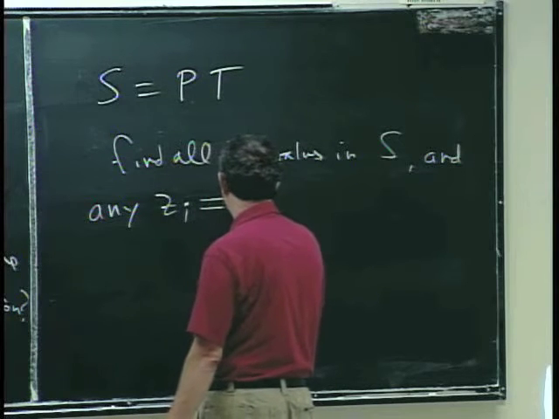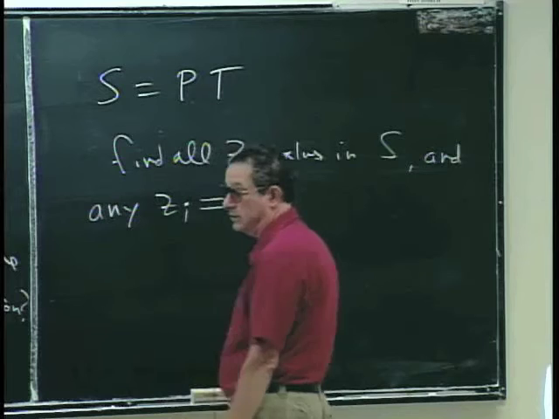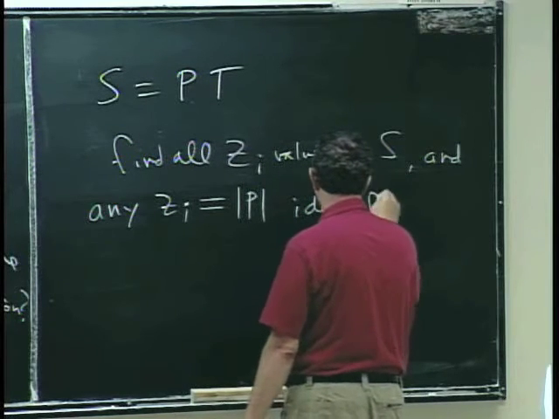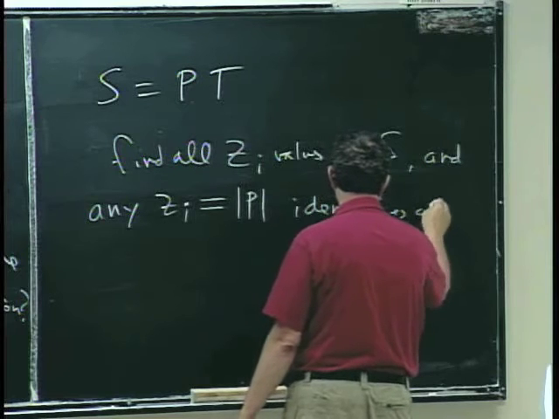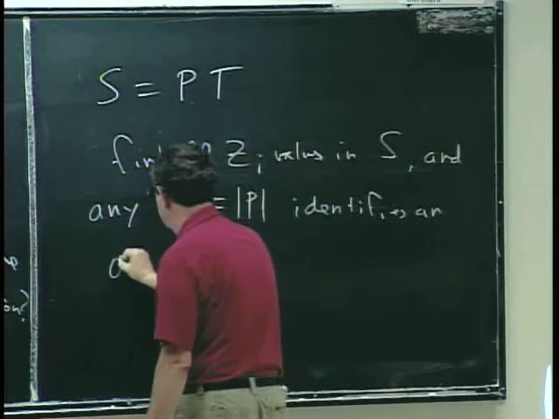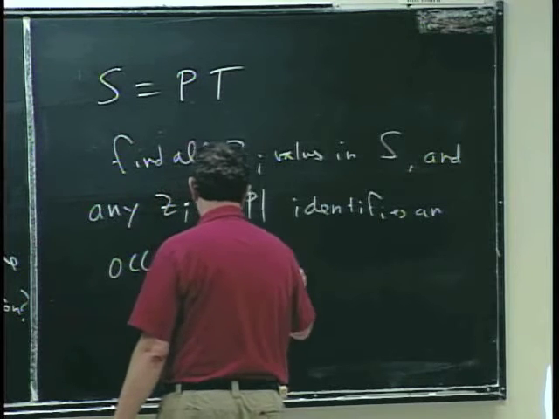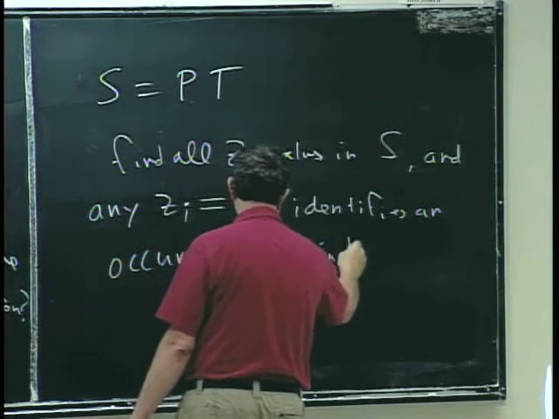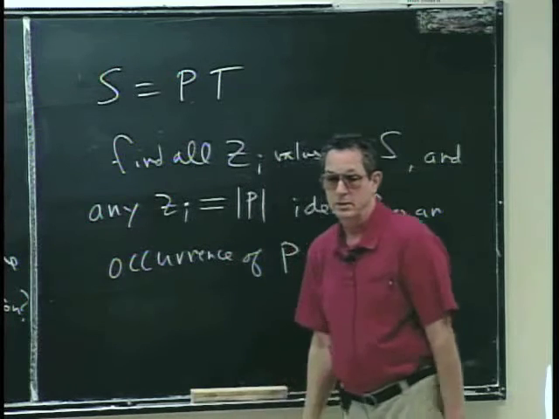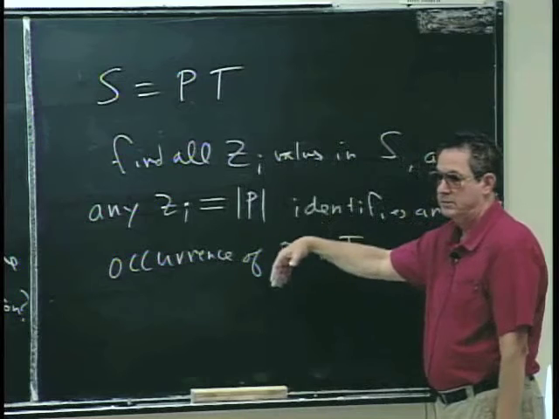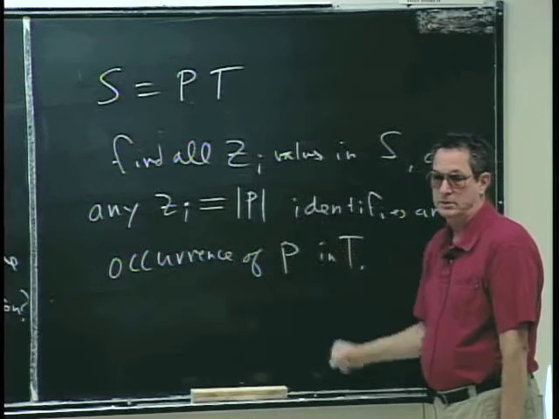Zi equal to the length of P identifies an occurrence of P in T. Okay? Is this correct, complete and correct, or?